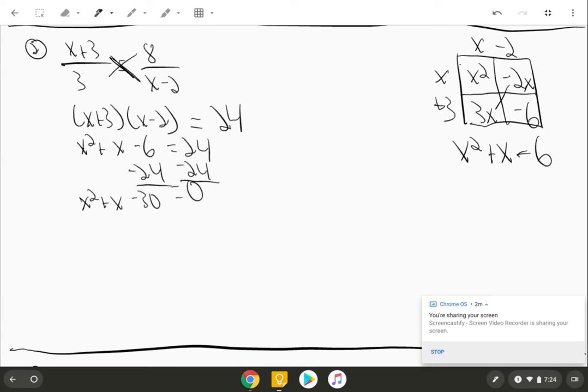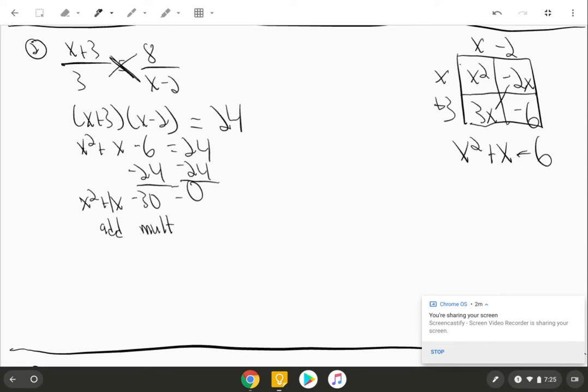Again, you could factor. You could also use the quadratic formula. I'm going to factor. Okay, so remember, this is a 1x. So factoring, remember, I'm going to do the add-multiply thing. Okay, so what adds up to positive 1 and multiplies to negative 30? That's going to be, let's see, negative 6 and positive 5.